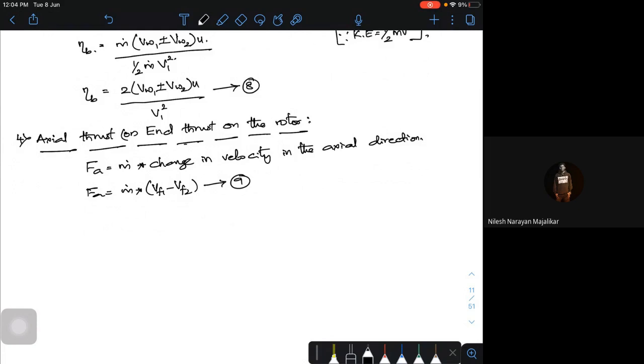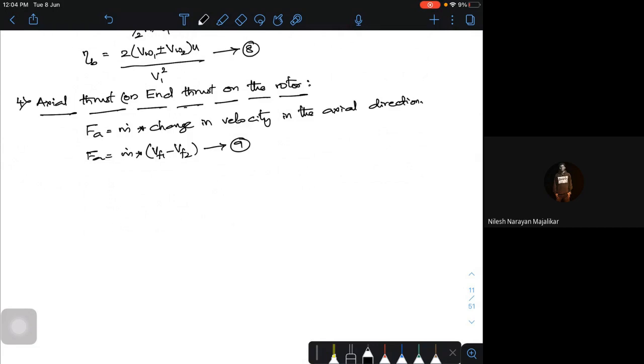Then the last one, the gross stage efficiency. What is it actually? It is nothing but work done per kg to the isentropic enthalpy drop.